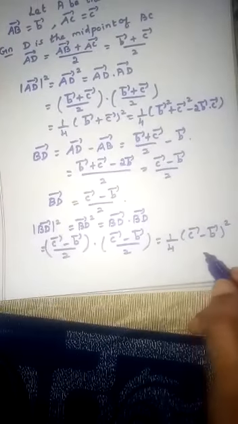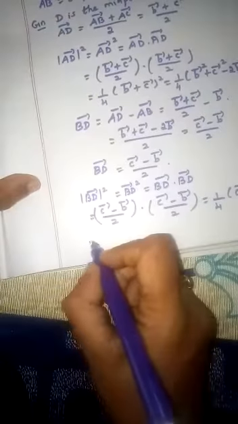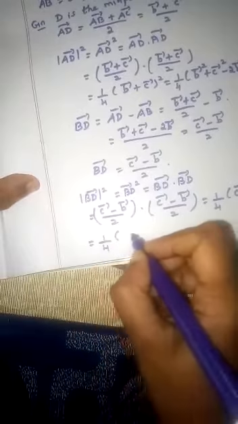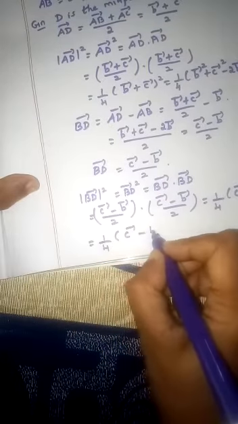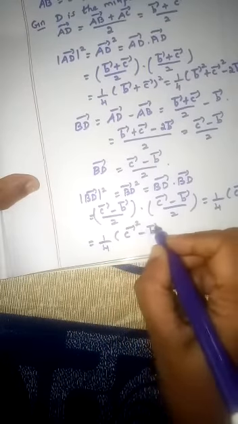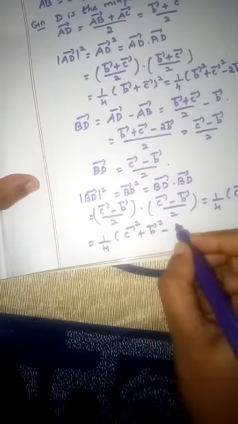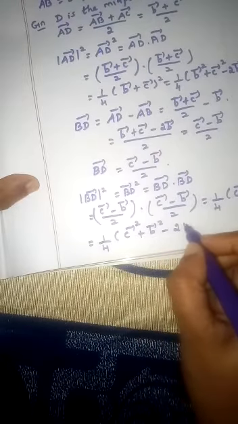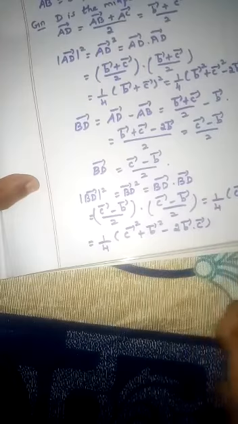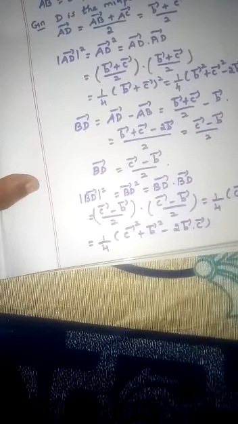Now you can expand it: 1 by 4 into (c² + b² - 2 b·c), or c·b also you can write.